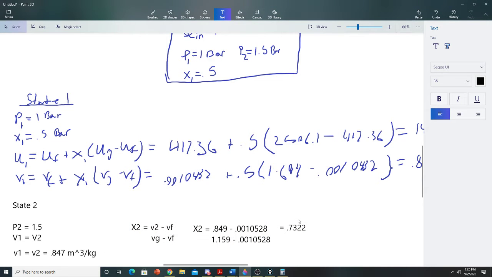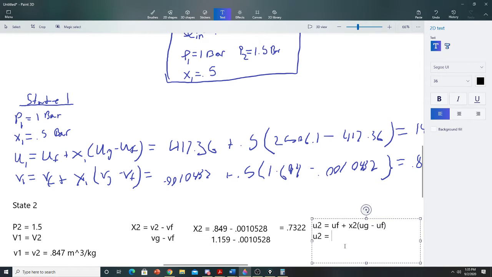So that is our value, right? So now that we have that, we can then fill out our next ones, which would be to find U2. U2 is equal to UF plus X2, make sure we know that, UG minus UF.